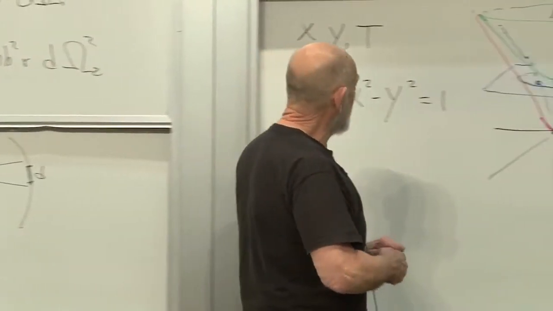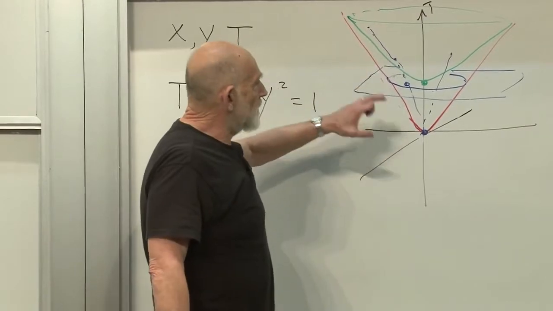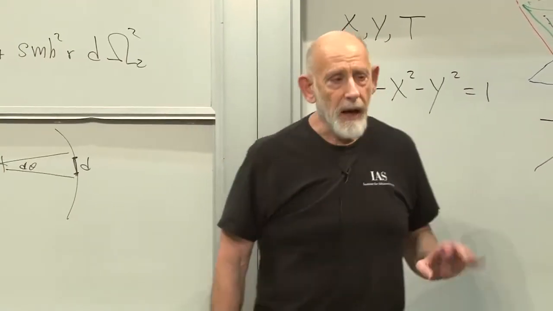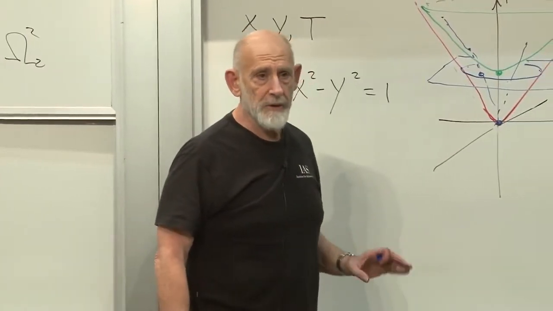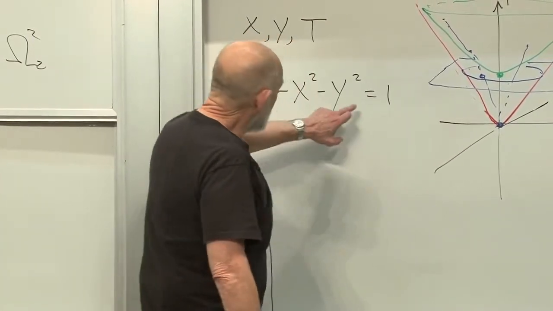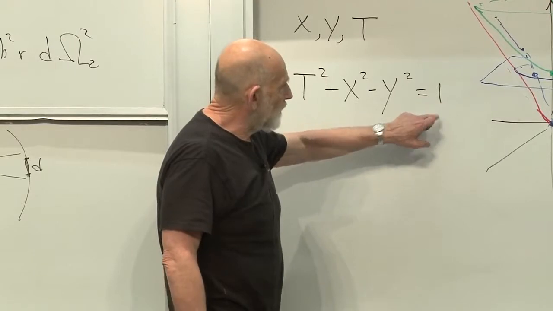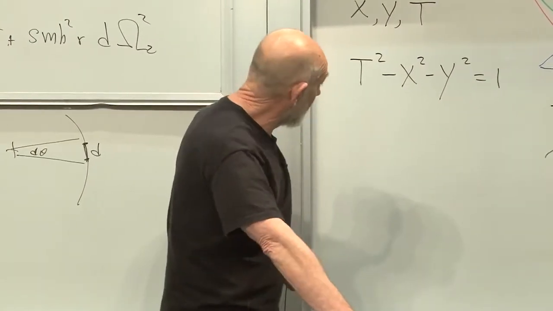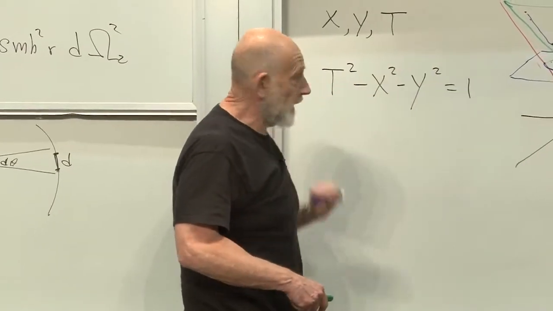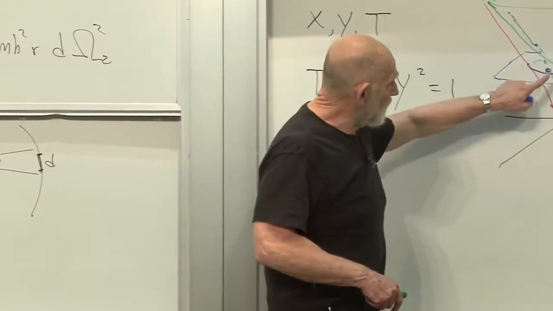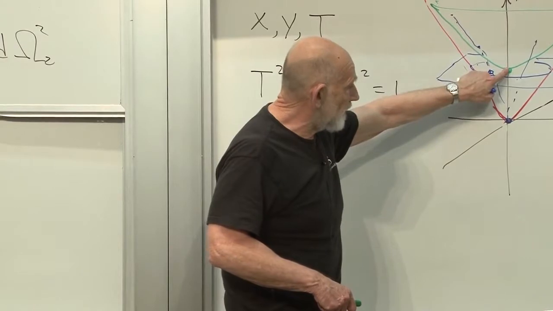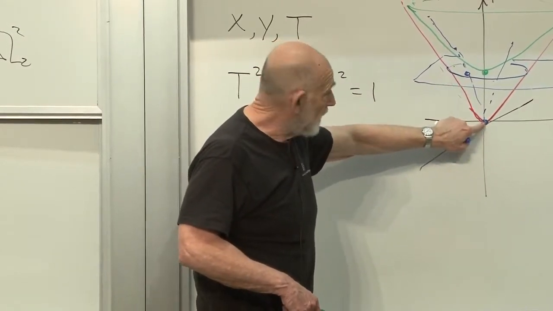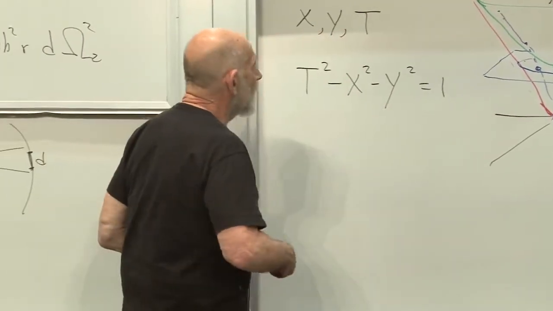Oh, incidentally, just as the sphere has a natural radius, the hyperbolic geometry also has a radius. The radius is the thing which appears on the right-hand side, or rather the square, that's the square of the radius. This is the unit hyperboloid, in that the center point over here is 1 unit away from the origin of coordinates.